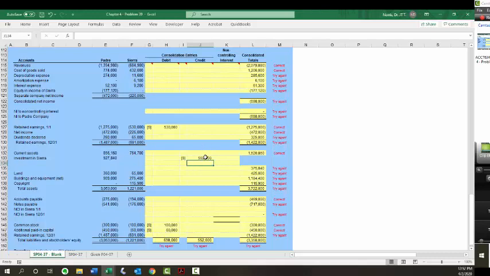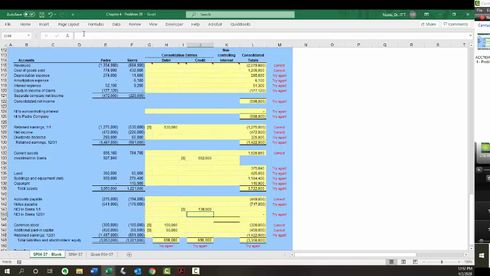And then we're going to copy that formula to the clipboard and then go down to the non-controlling interest and do the other half of the credit, changing that from 80% down to 20%.